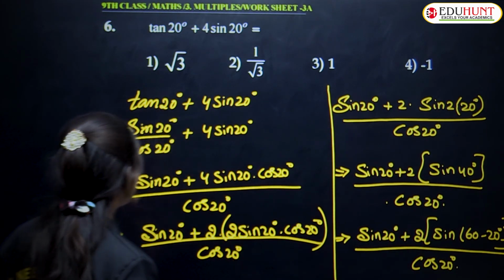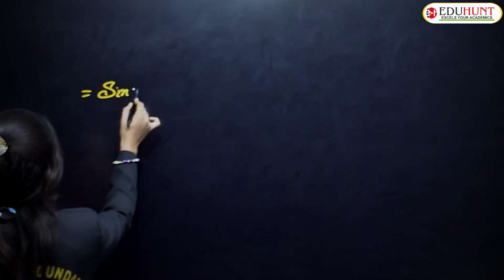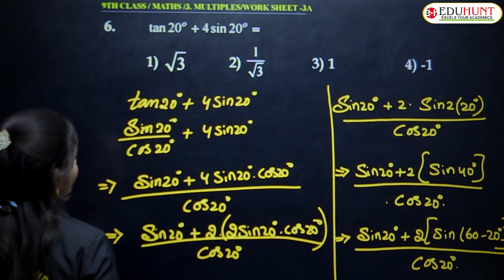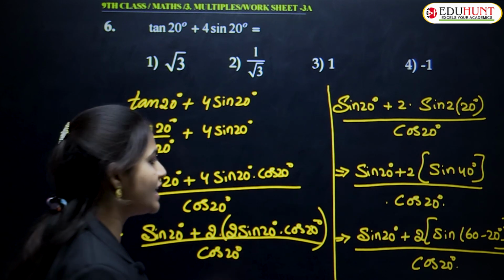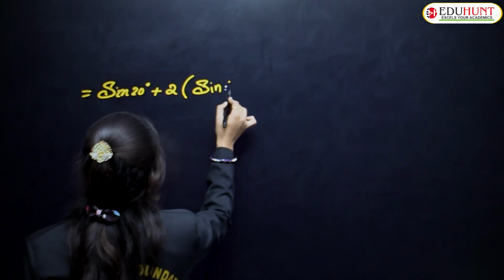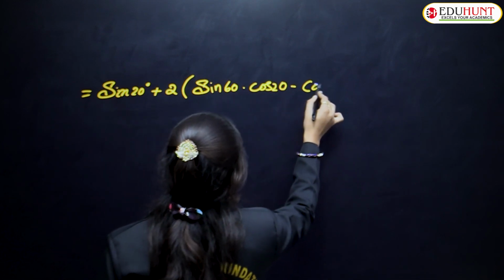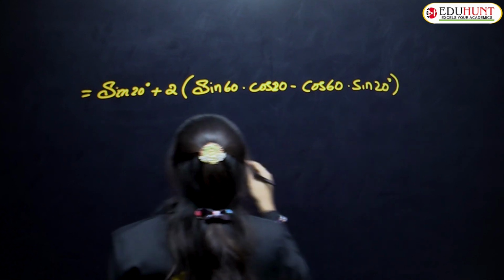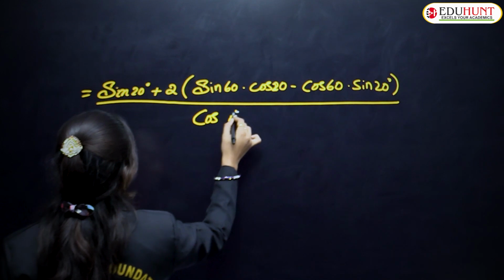Okay, now sin 20 degrees plus 2 into sin 60 minus 20, that is in the form of sin of A minus B. The sin of A minus B formula is sin A into cos B minus cos A into sin B, whole by cos 20 degrees.